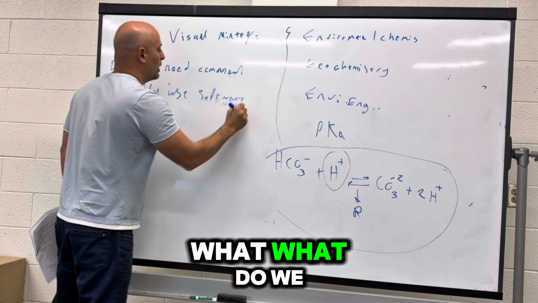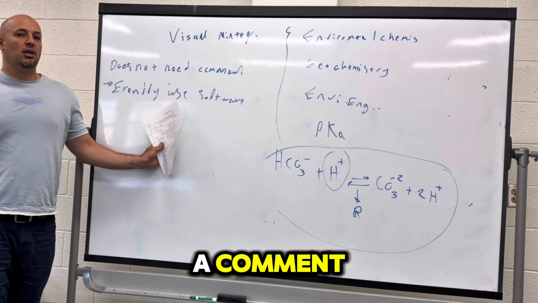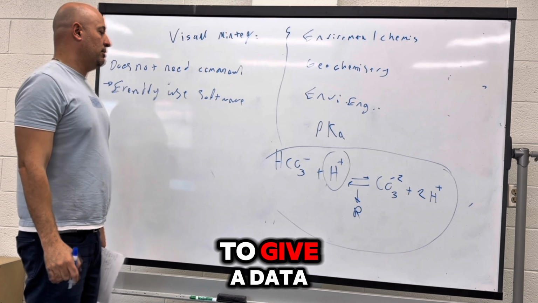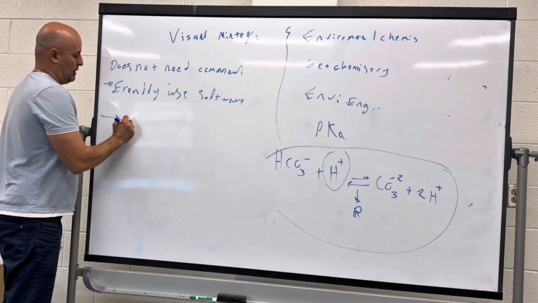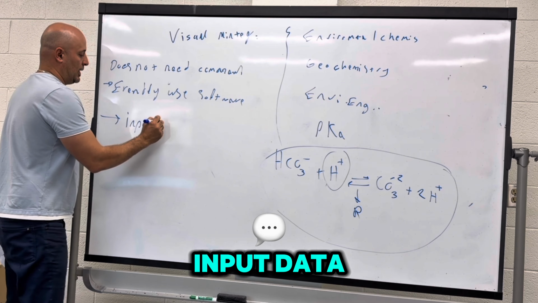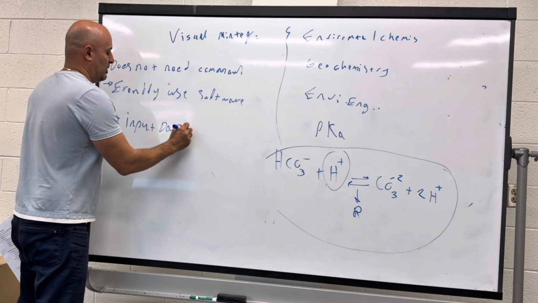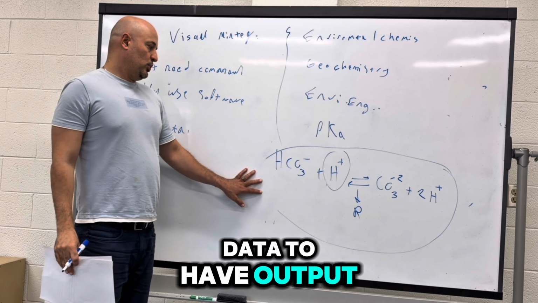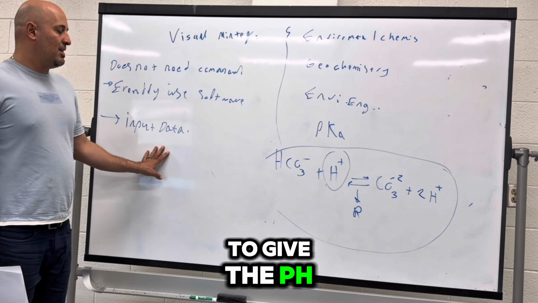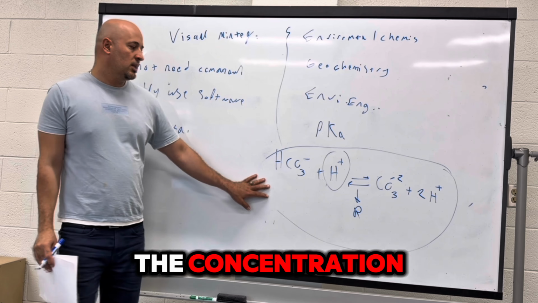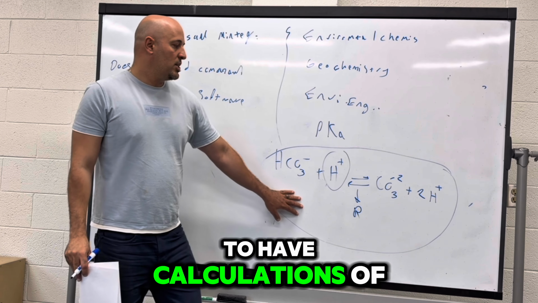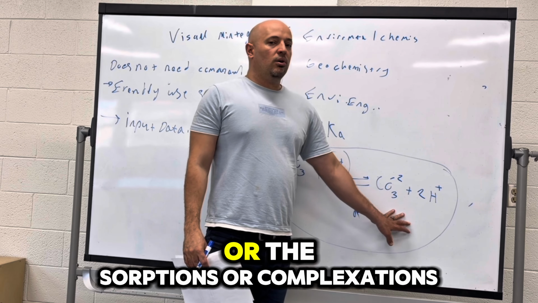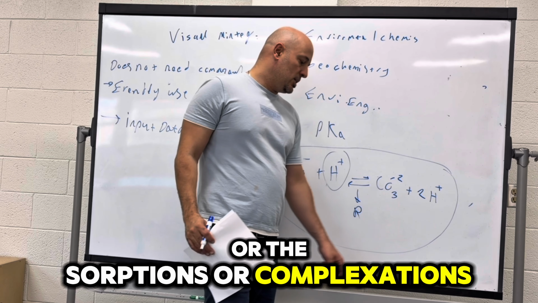So what do we need if we don't need a command? This is equilibrium, so it means we have to give input data. We need the input data to have output. For example, we have to give the pH and the concentration to have calculations of bioavailability of the metals, or the sorptions, or complexations.